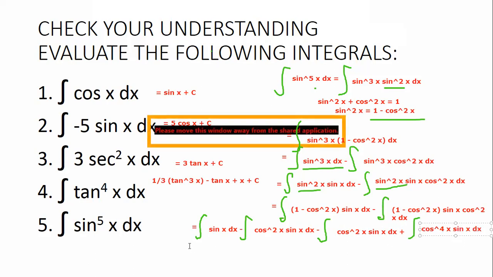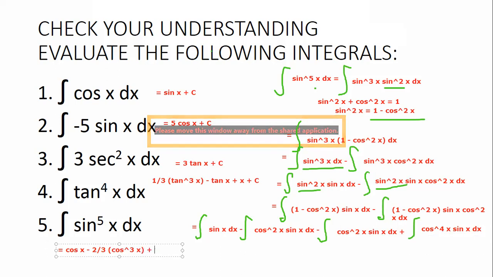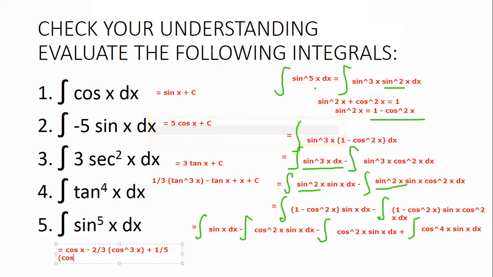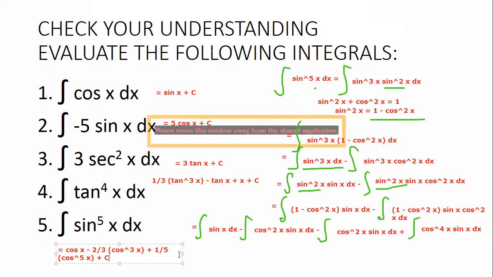Okay, so simplifying this equation, the answer will be negative cosine of x minus 2/3 cosine cube x plus 1/5 cosine to the fifth x plus c. So this would be the answer for number 5.